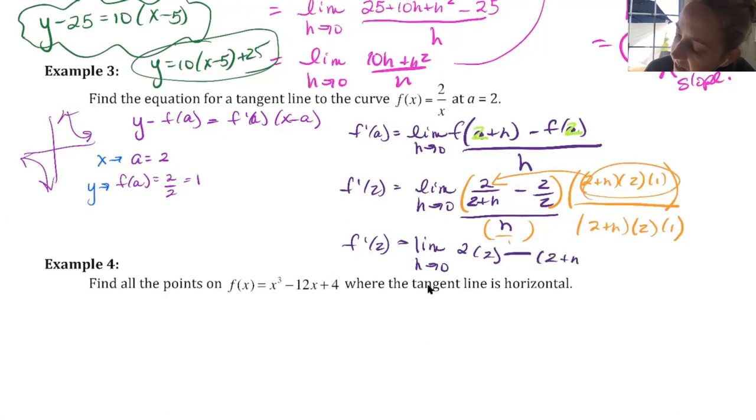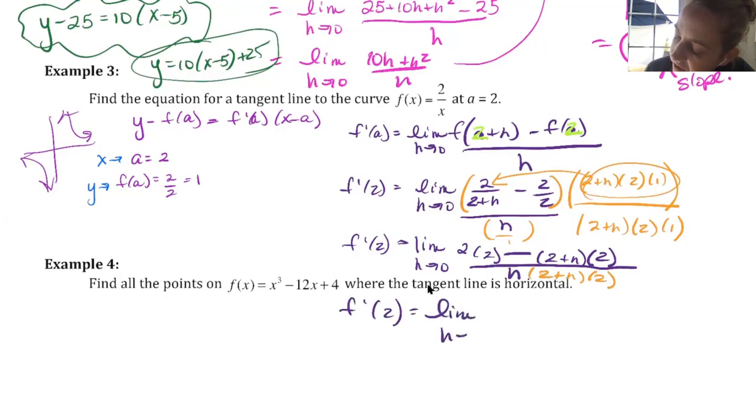So this is a 2 plus h times the 2 on the top. And then on the bottom, I have the h, and then everything in orange stays. Nothing cancels here. So I've got 2 plus h and the 2. I'm not going to bother writing the 1. Kind of out of space for that. So this is what I have going on. This is a bit of a mess. I'll erase this when we do the next problem.